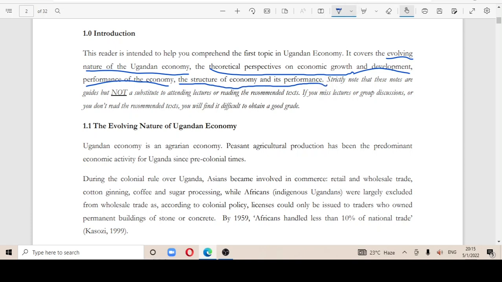So these are all aspects that we are going to look at as individual subtopics in this topic.